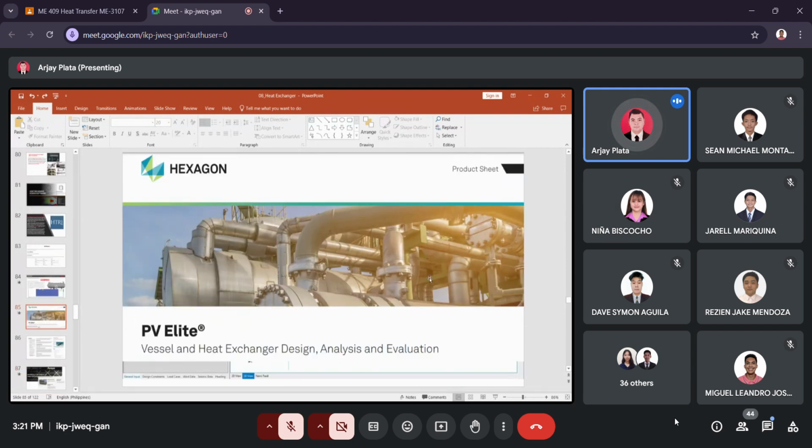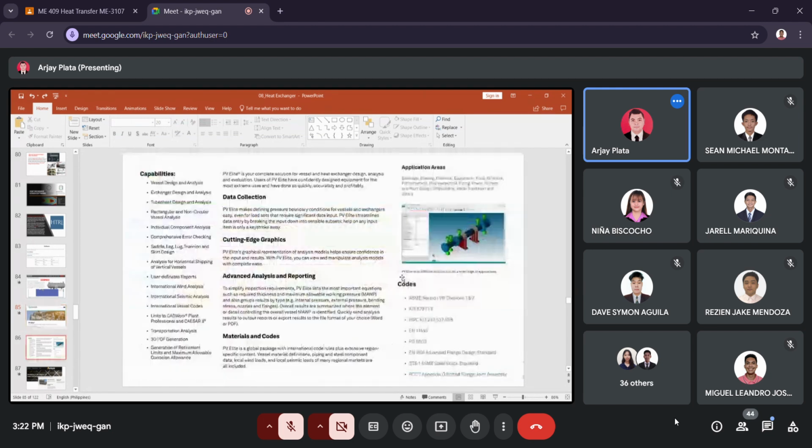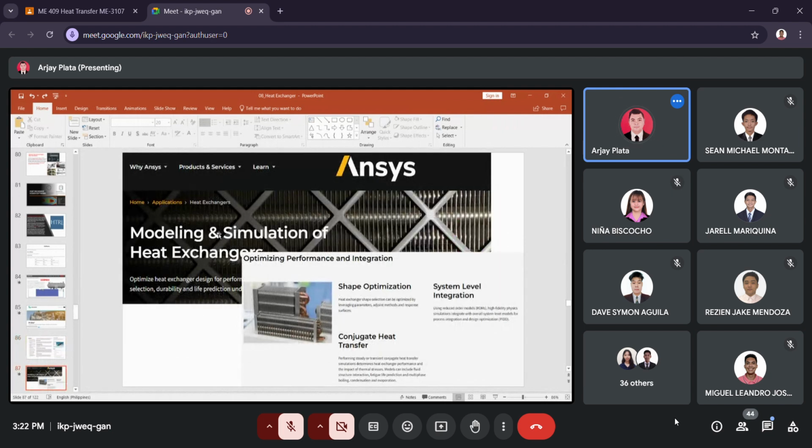Same as PV Elite, this is also vessel and heat exchanger design analysis and evaluation software. It has capabilities for vessel design and analysis, exchanger design and analysis, tube sheet design and analysis, and rectangular and non-circular vessel analysis.